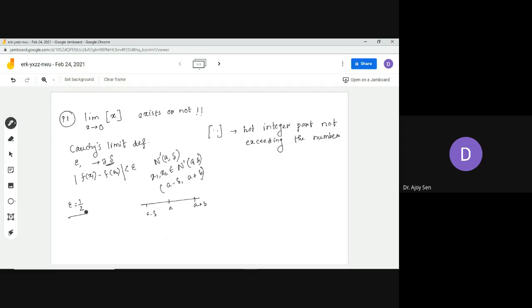You choose epsilon to be half, or any arbitrary number, half, 1/3, anything. And you have to show some x1 and x2 for which this thing is not less than epsilon whenever x1 and x2 lie in this region, or there exists delta for which this thing doesn't hold.